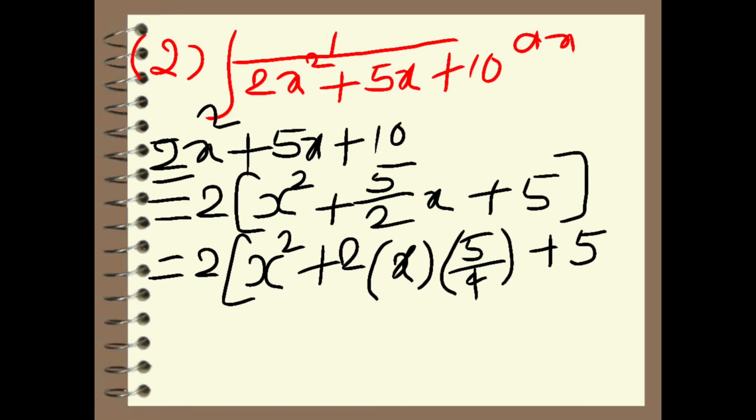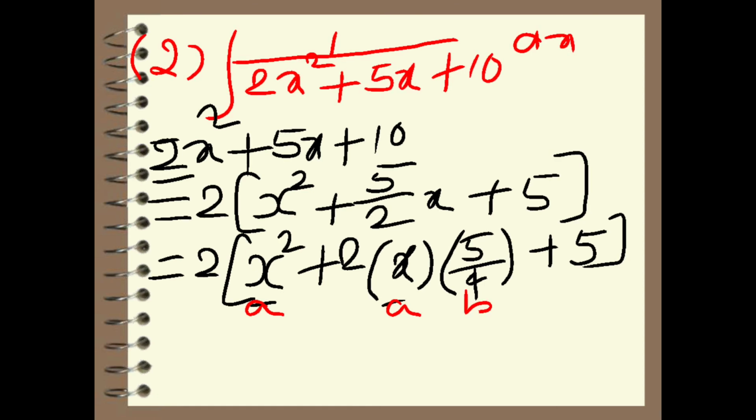5 is already there. So now if we compare with a plus b whole square for the first two terms, in the place of a, x is there, and in the place of b, 5 by 4 is there.